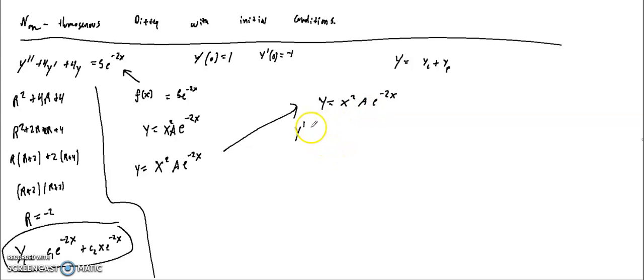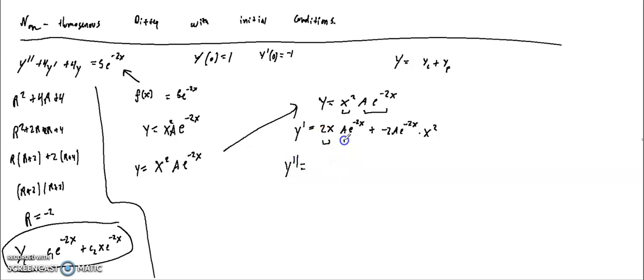So we get the derivative of x squared, times just the normal of the second, plus the derivative of the second, so negative 2a e to the negative 2x, times just the first. And that is our first derivative.